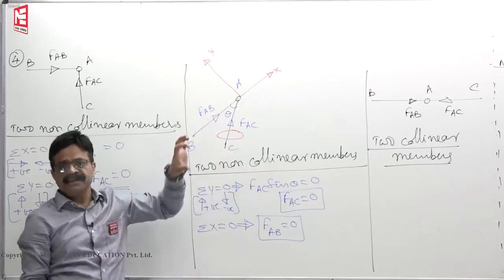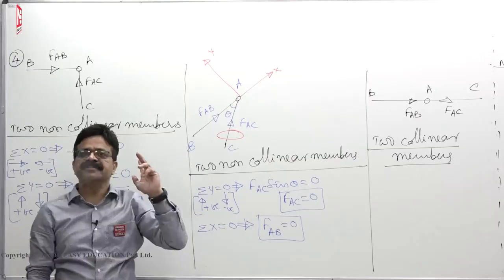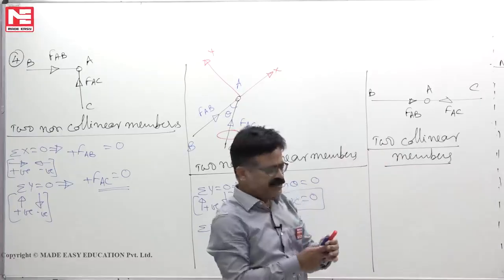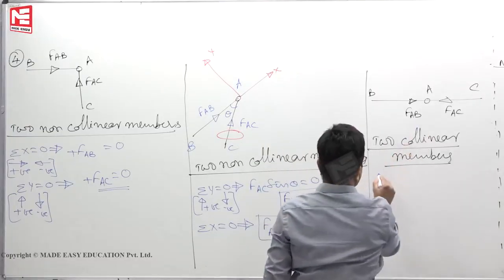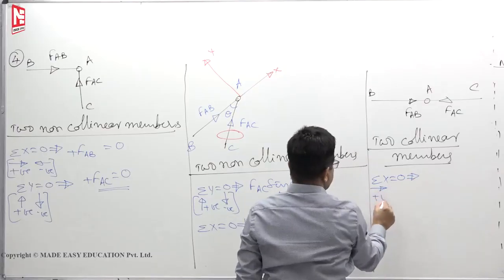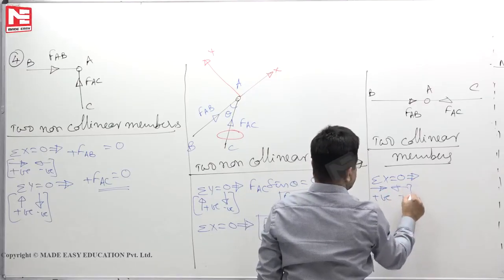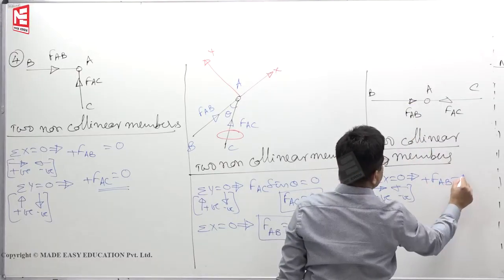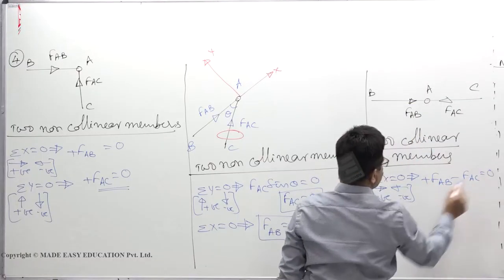This observation will help us in choosing which members have 0 forces quickly. Last case, you see two collinear members are there. If I take here sigma x is equal to 0, right side force is positive, left side force is negative. This you can write as plus FAB minus FAC must be equal to 0.